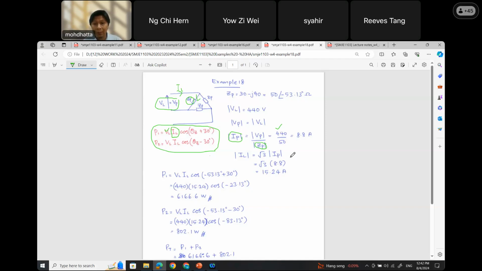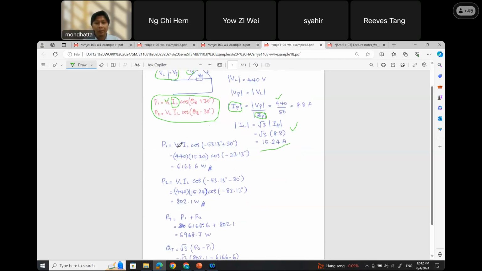So this is what happened over here. Why do we need this? Because this equation requires us to plug in the line current information. Once we got the line current, the rest will be straightforward lah.